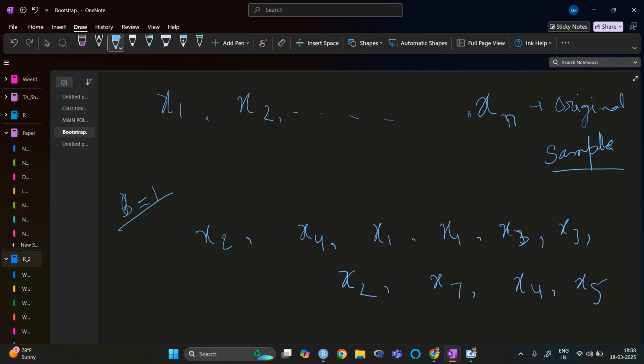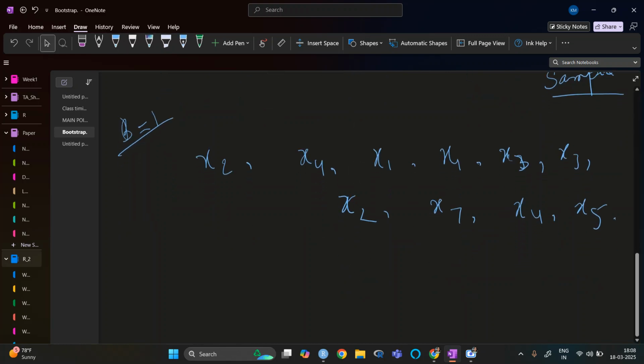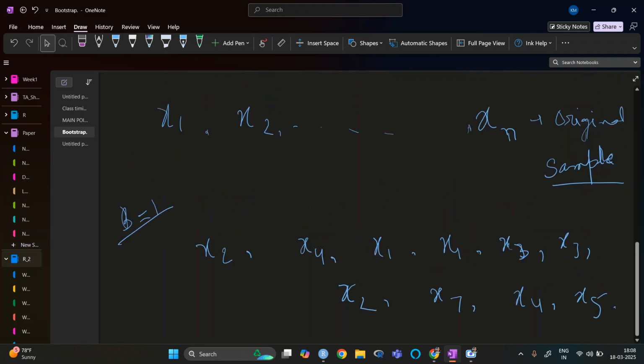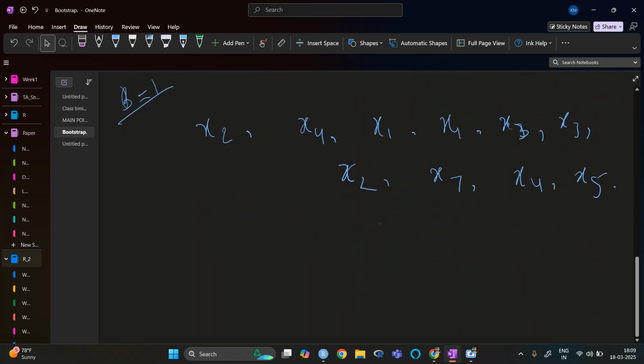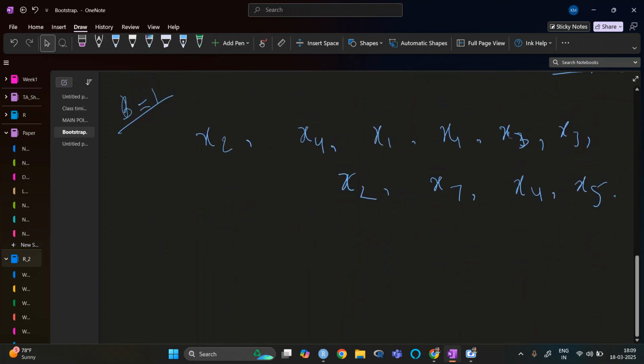So this one is our B equal to 1. It has resampled from this sample, and it has resampled it with size n. So this is size n for B equal to 1.